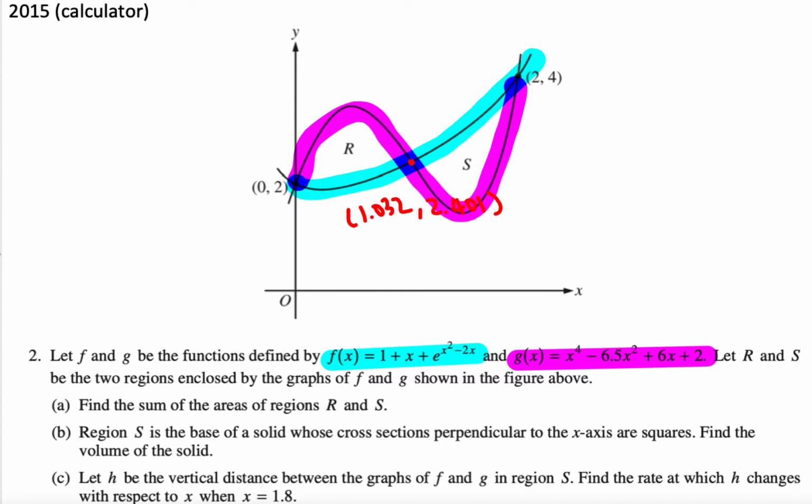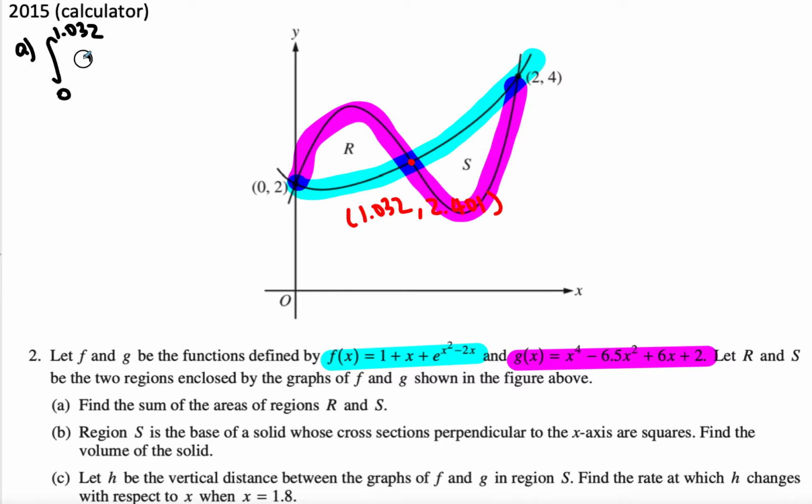So what I'm going to do is, for the first function, to find the sum of the area, R goes from 0 through 1.032. And then it's the purple minus blue. Purple is what?